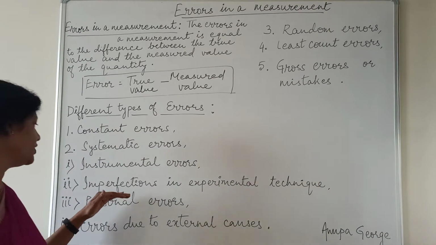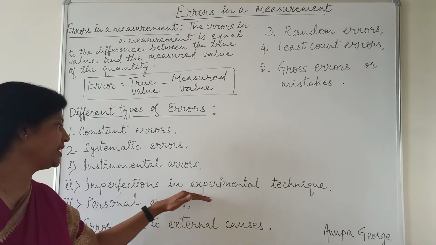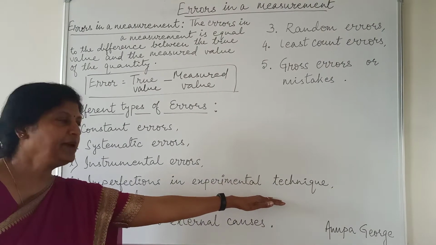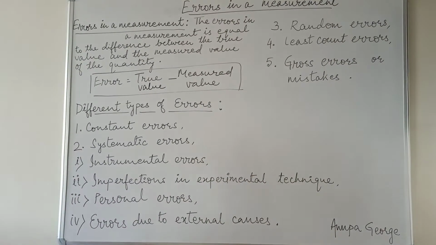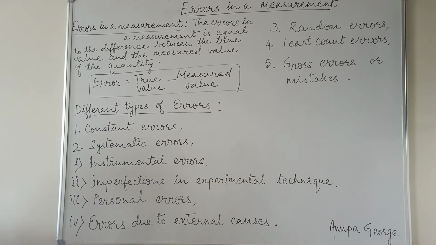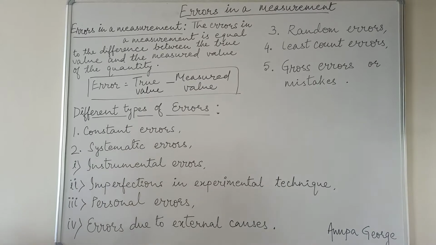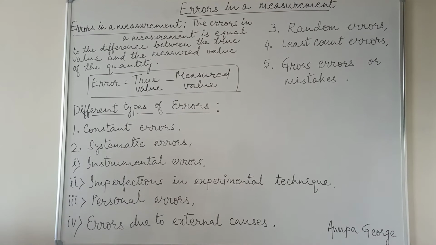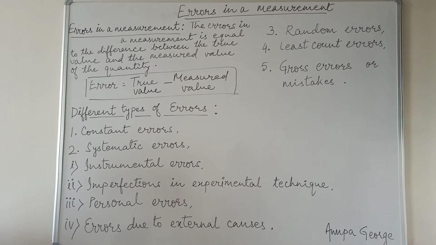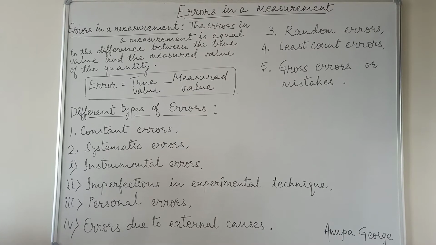Second one is imperfections in experimental techniques. These errors are due to the limitations of the experimental arrangement.